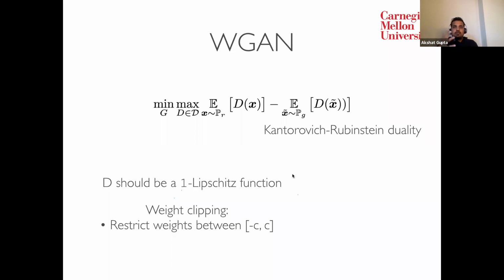So there is a mapping from C to K. That was their way of making sure that T is a one Lipschitz function, following the constraint put on the discriminator under this formulation of WGANs.